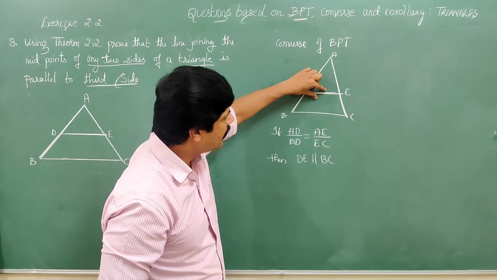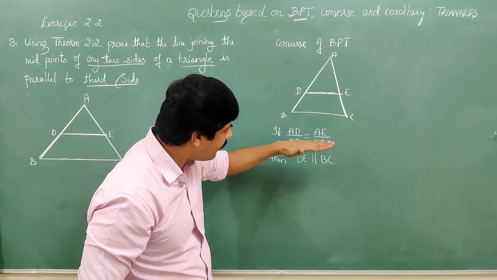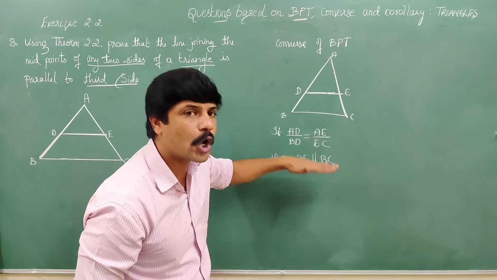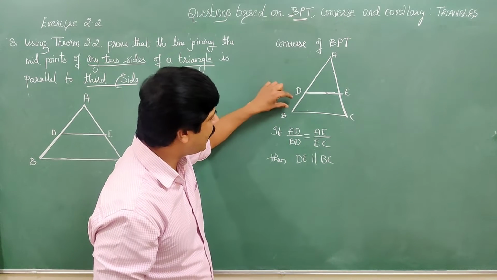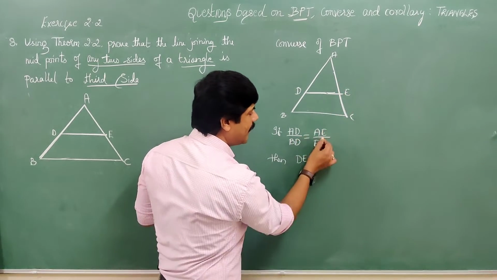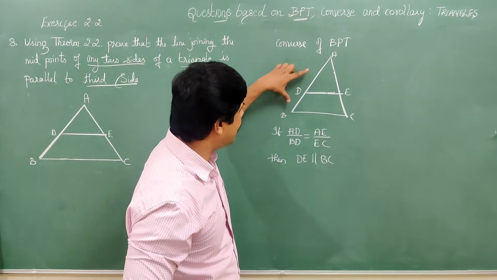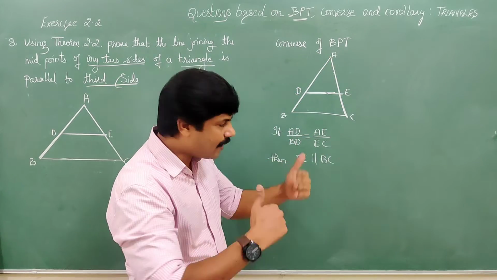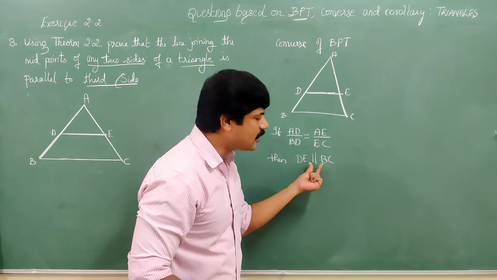If a line drawn divides the other two sides in the equal ratio, then DE is parallel to BC. Based on this, if we prove AD by BD is equal to AE by EC, if this particular line DE divides the sides in an equal ratio, then we can say that DE is parallel to BC.